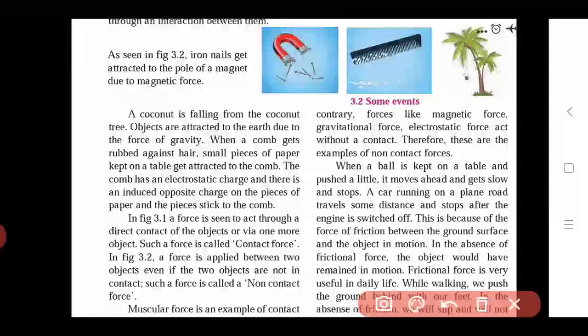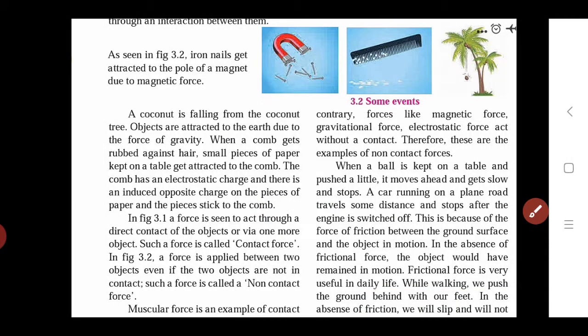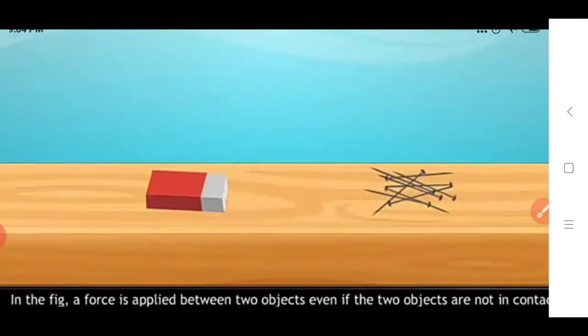We also see examples like this. Which examples? The magnet, then this comb, and also the coconut tree, in figure 3.2. In this figure we see a force applied between two objects even if the two objects are not in contact.